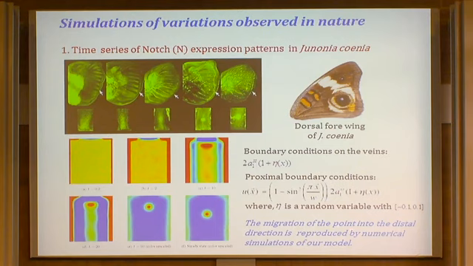What happened is that the wing vein stopped developing here, and then finally two eyespots appeared. So this is an abnormal case, and simulation by our model could reproduce this kind of two-spot pattern.